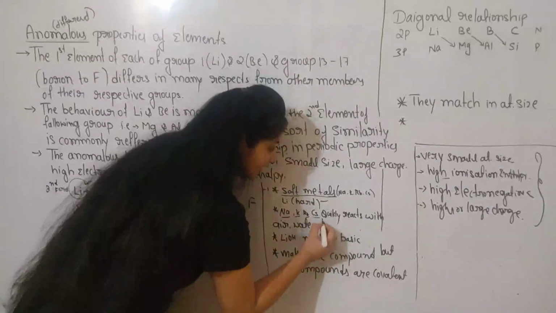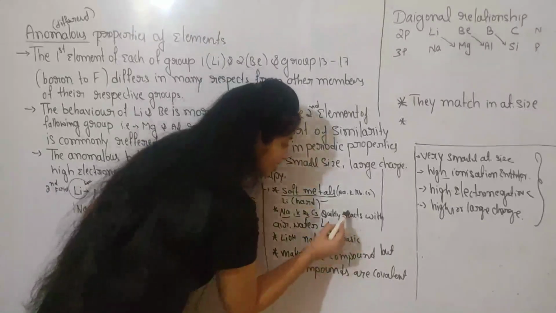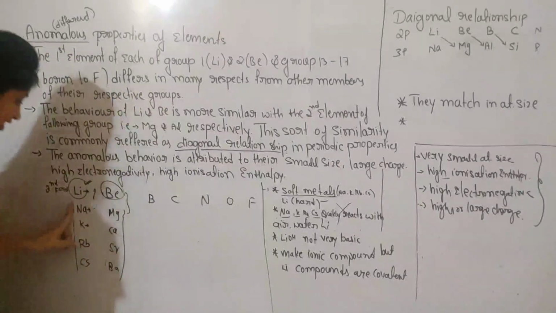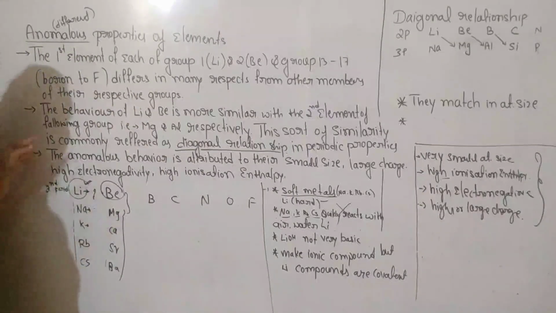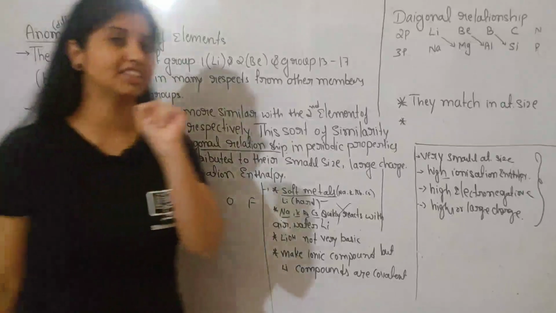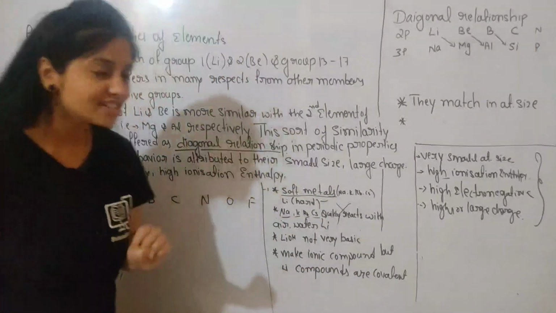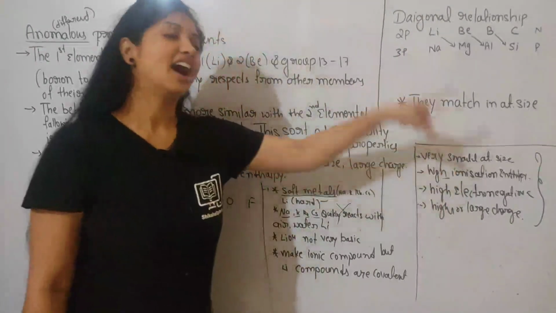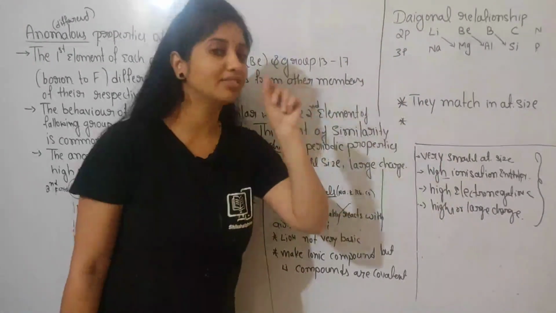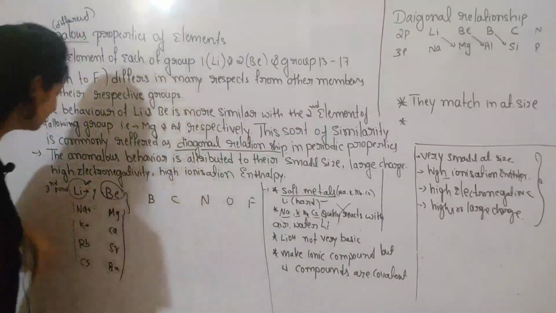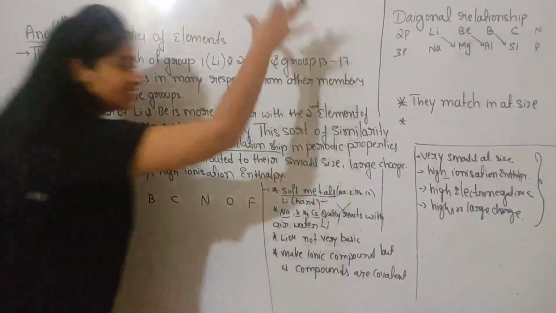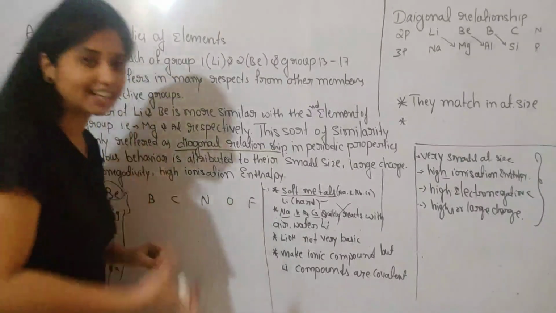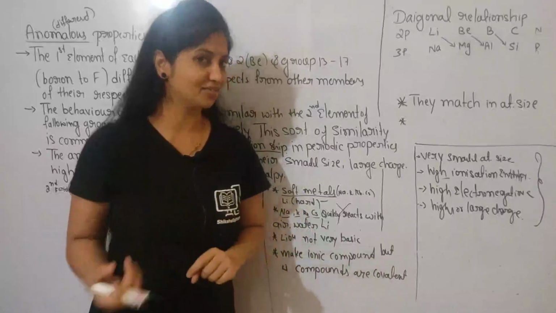But lithium does not react quickly with air and water, because it has a high ionization enthalpy, high electronegativity, and a very small atomic size compared to these elements. So these are the reasons lithium does not react quickly with air and water.